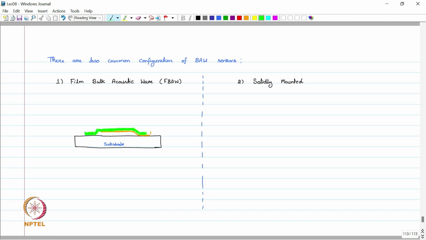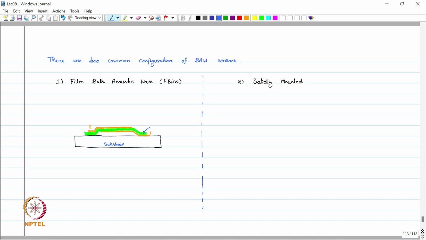On top of this piezoelectric material I have my second electrode. This is my second electrode.